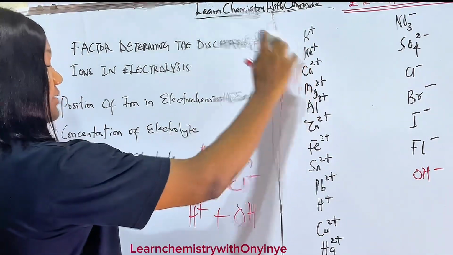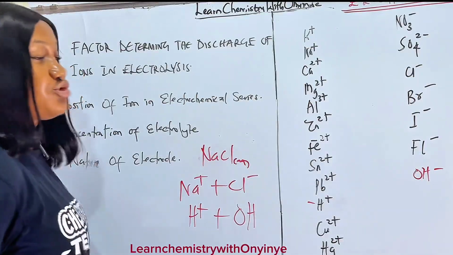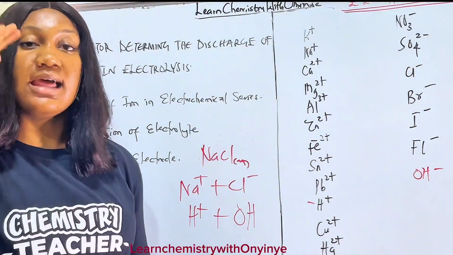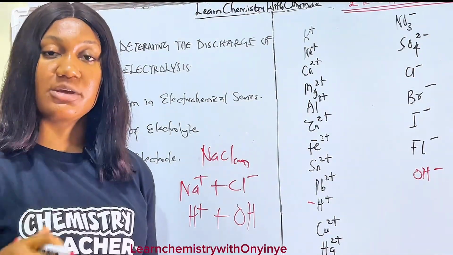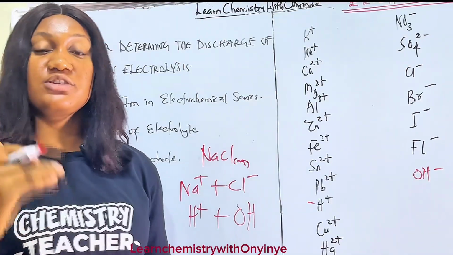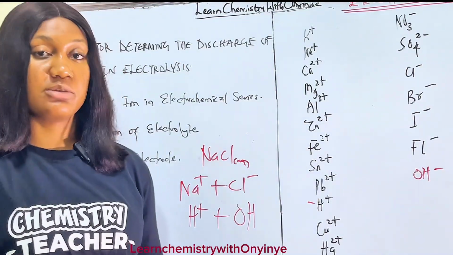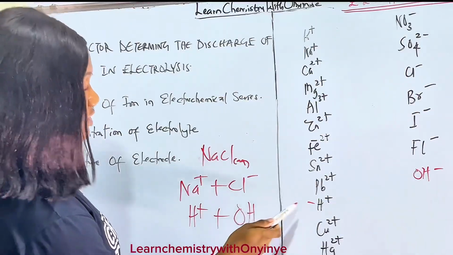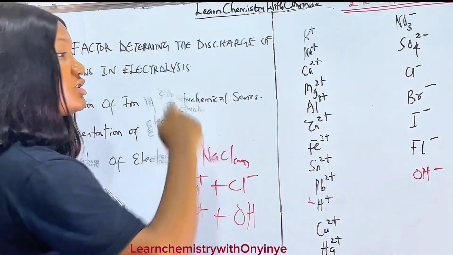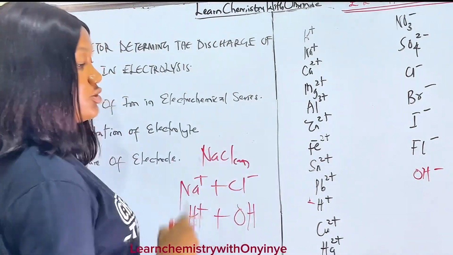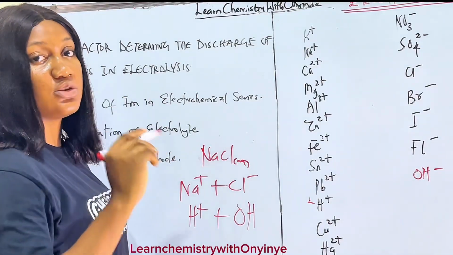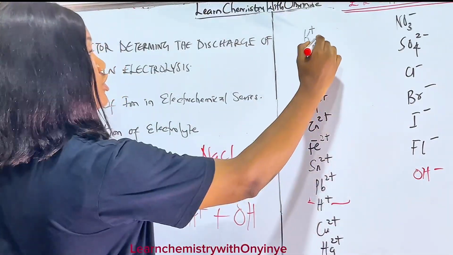Sodium is here, hydrogen is here. The elements lower in the electrochemical series will be discharged in preference to the elements higher. Between hydrogen and sodium, which one is lower? Hydrogen is lower, hence it is going to be discharged in preference to sodium.